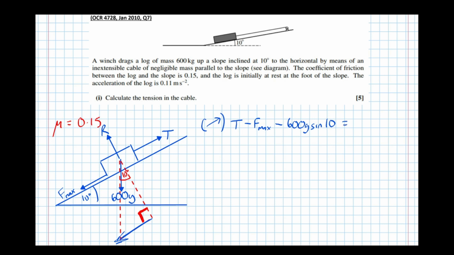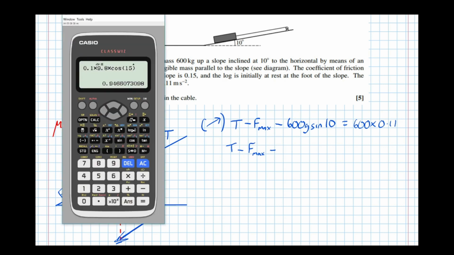Okay, so that equals mass times acceleration equals 600 a. But we've got a few unknowns here. We're told that the acceleration is 0.11, so that we can get rid of one unknown, times 0.11. So let's put some numbers in here. So T, take F max, take 600 g sine 10, which is 600 times 9.8 times sine 10.